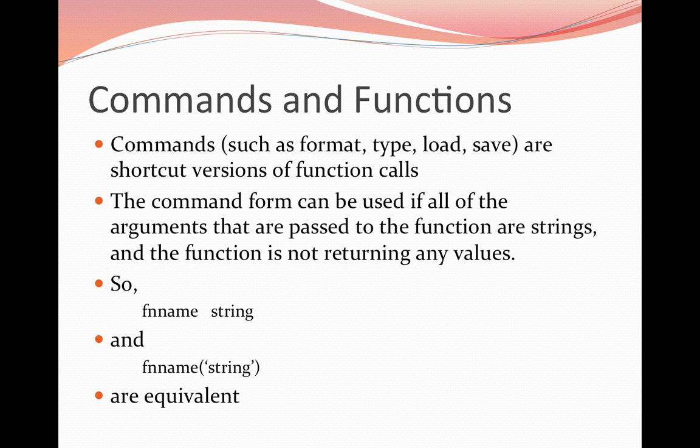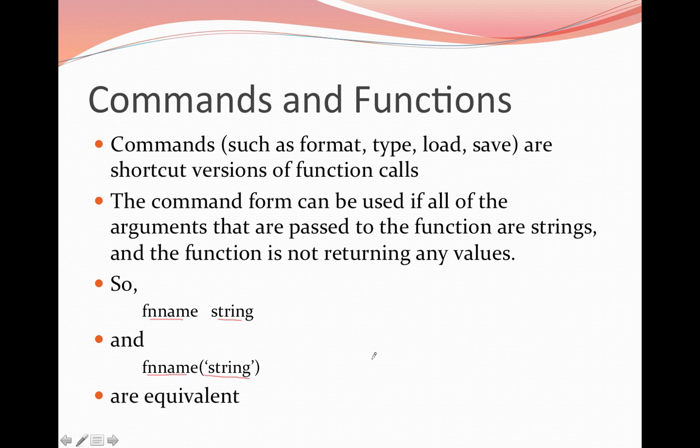What we normally call commands are really just shortcut versions of function calls. So when we use the type command or load or save, those are actually really functions. The command form of a function can be used if all of the arguments that are passed to the function are strings and the function is not returning any values. For example, you can say the name of the function, space, and the string without any quotes around it, and that's equivalent to calling the function and passing to it a string.